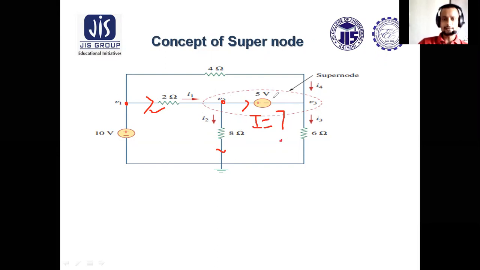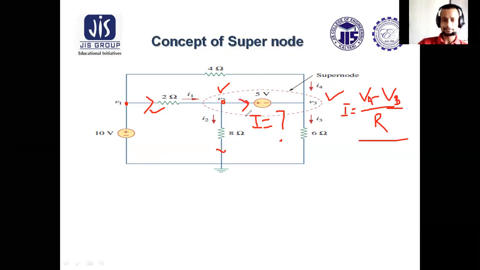There is no resistance connected between these two nodes, so current could not be determined by the formula VA minus VB by R. As there is no resistance connected between node 2 and 3, this rule cannot be applied to find the current through this branch.